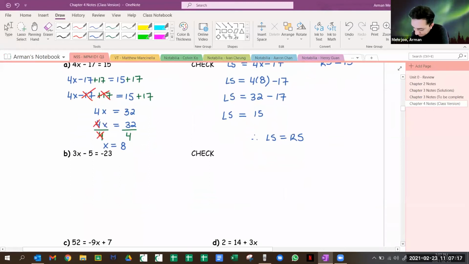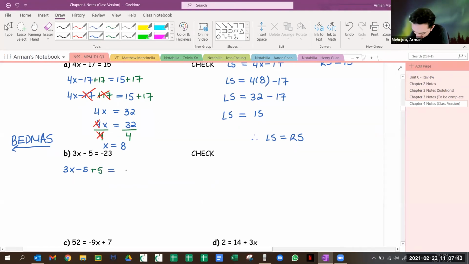3x minus 5 equals negative 23. So BEDMAS says if I want to do BEDMAS in the opposite direction, let me start with subtraction first. I see that there's subtraction going on here with this negative 5. So I actually have to do the opposite and add 5.